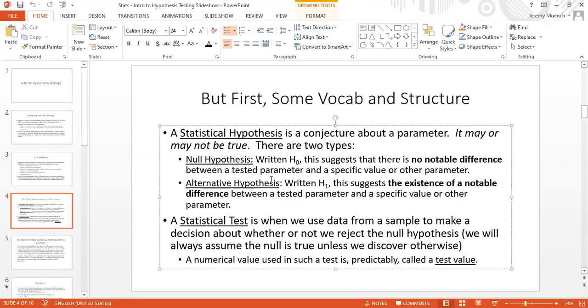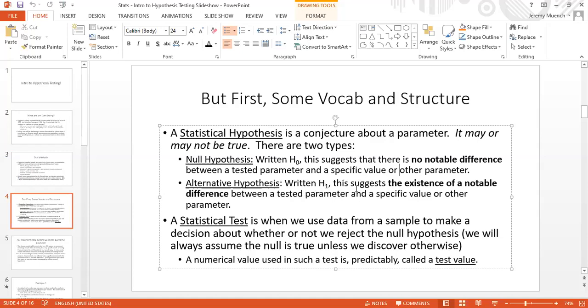And the alternative hypothesis then is the opposite of the null, written H sub 1, or you'll see people say H alt. I certainly don't. H1 is fine. You also see HA. That's the other one you'll see.